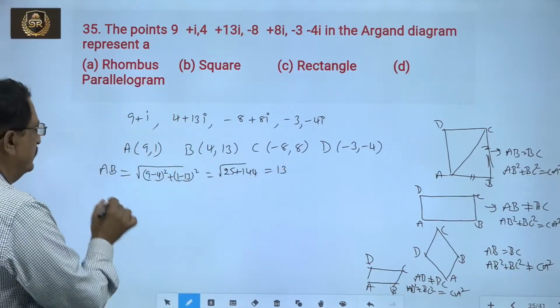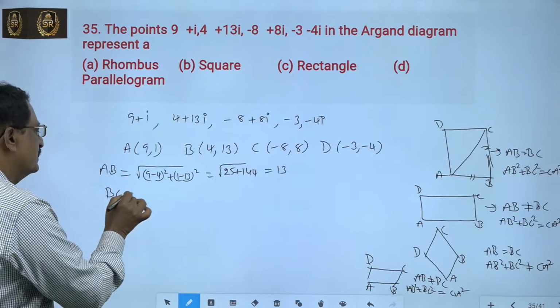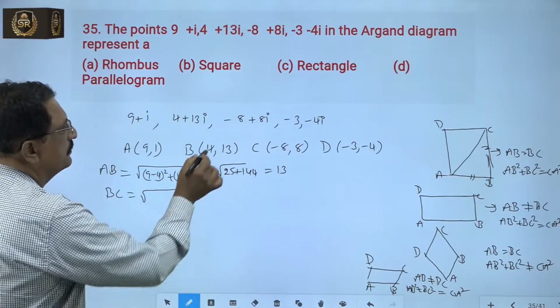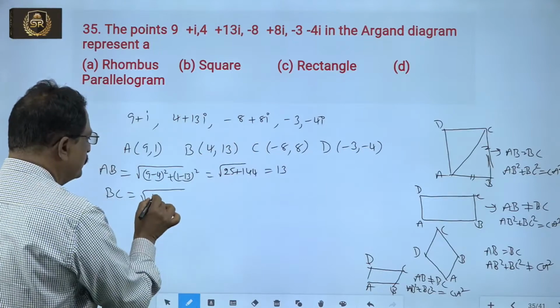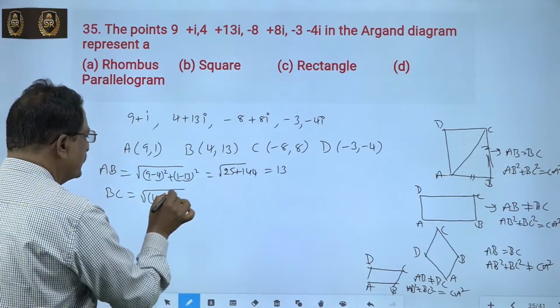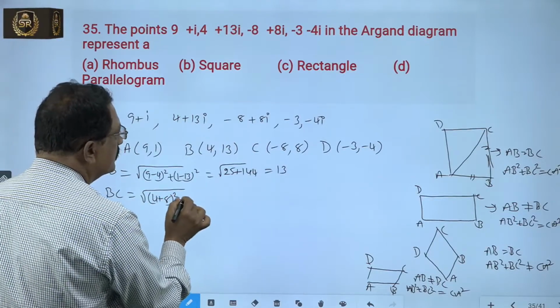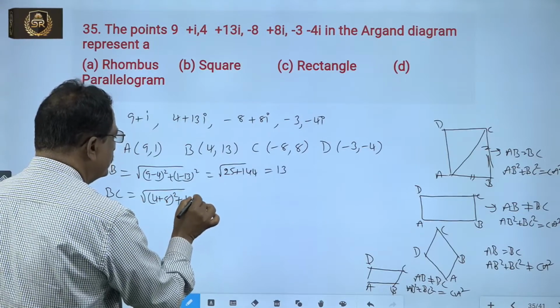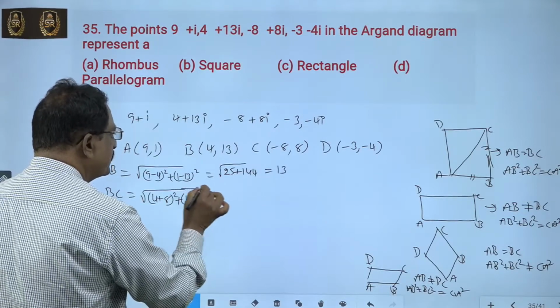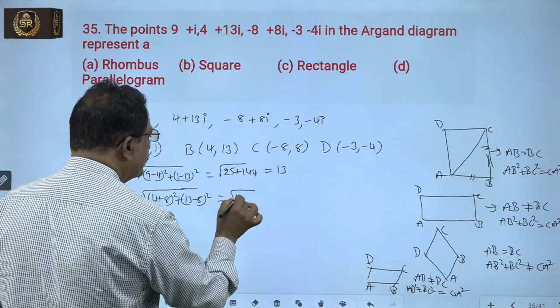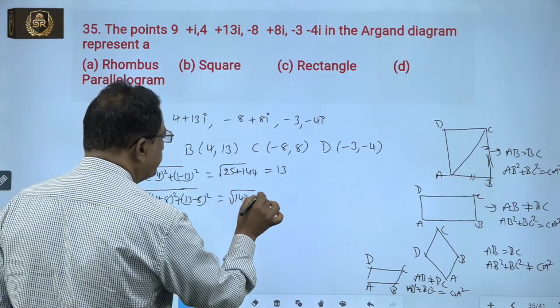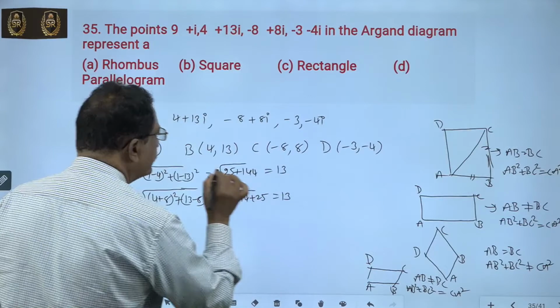AB equals 13. Next to find out BC. BC equals square root of 4 plus 8 whole square plus 13 minus 8 whole square, that equals root of 144 plus 25 equals 13.